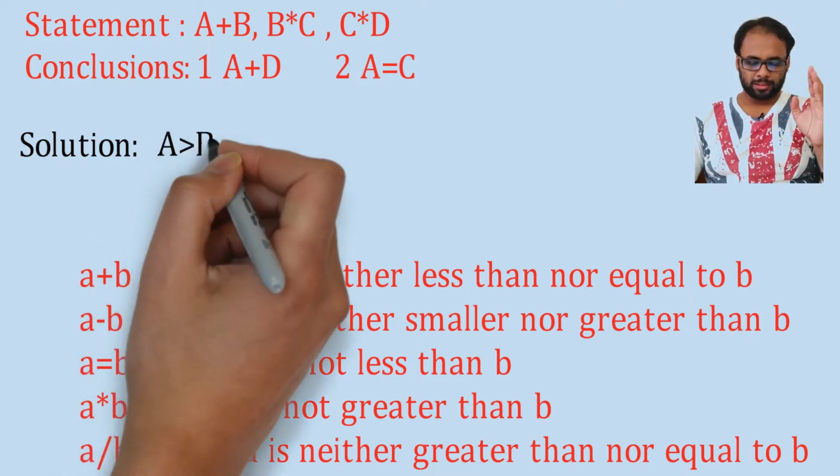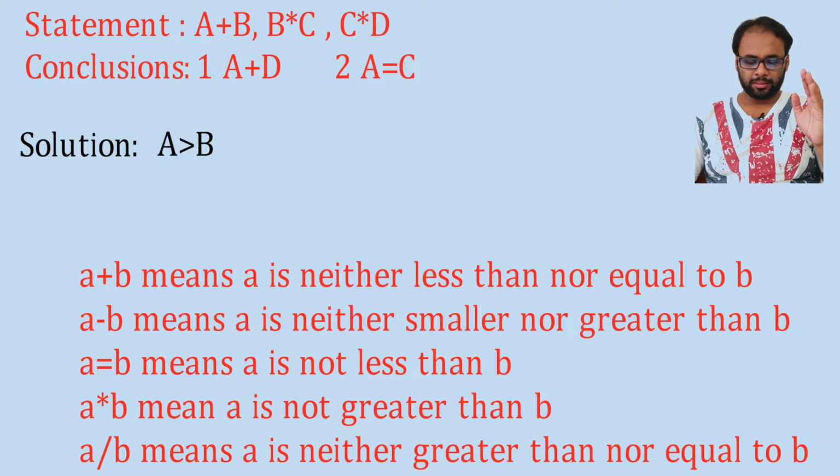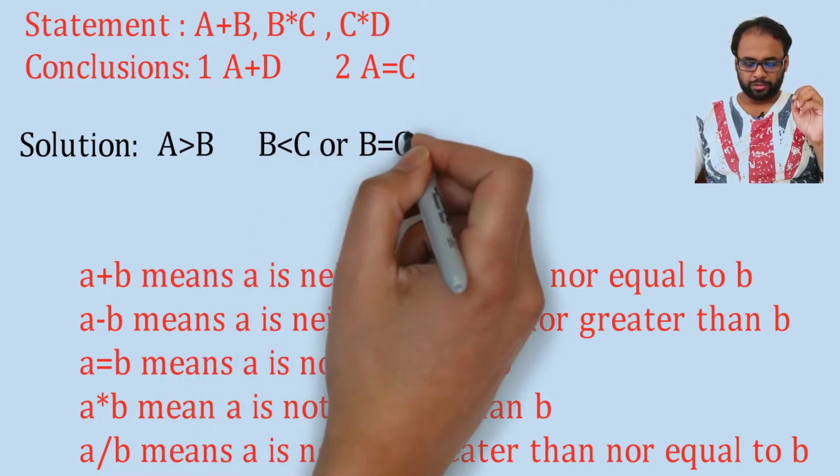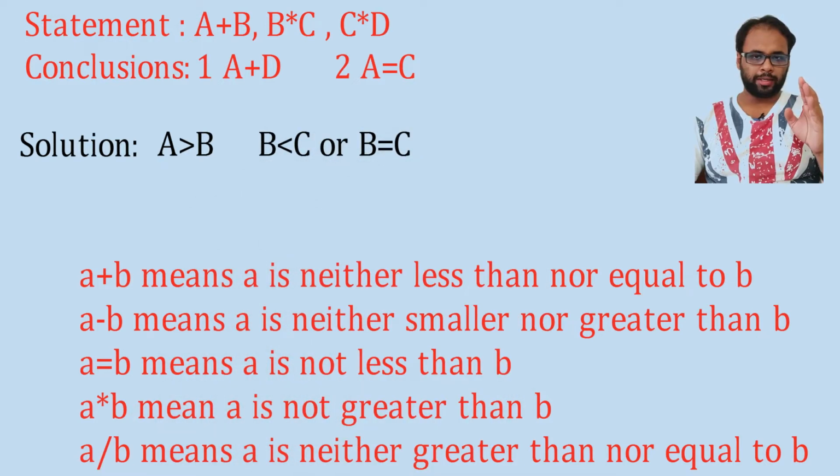Second thing, what is given in the statement? B into C. A into B means A is not greater than B. Similarly, on applying B into C, it comes out that B is either smaller than C or B is equal to C, because B is not greater than C as per the symbolic notations.